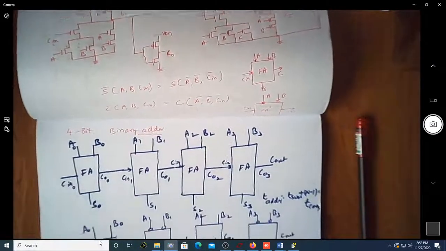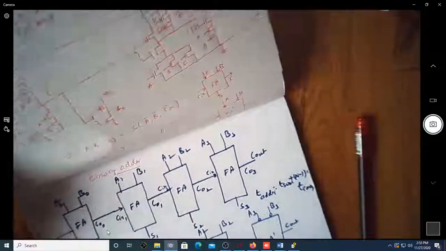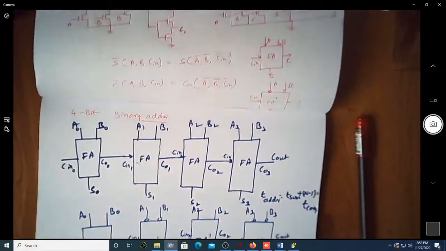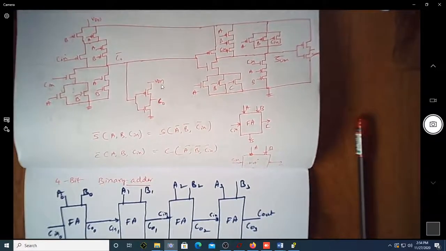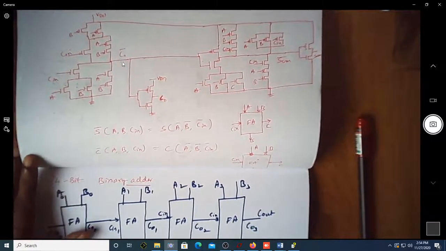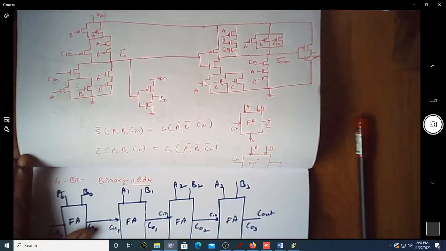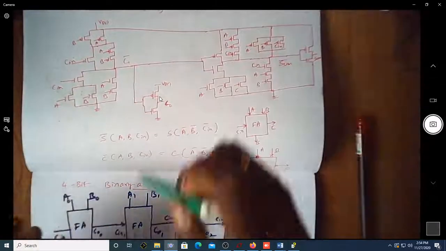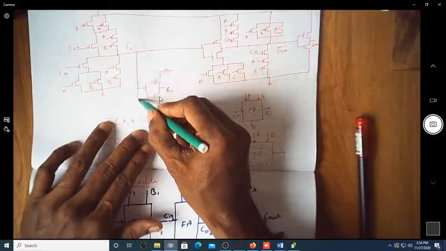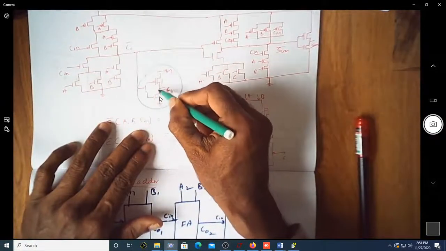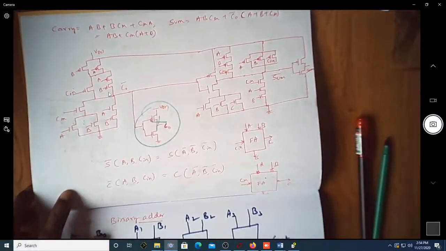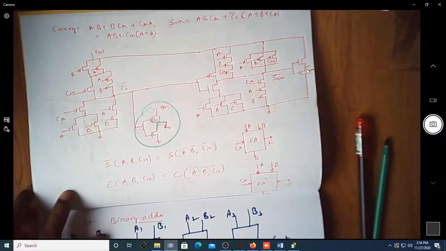Whereas this FA bar is one such realization where you don't have an inverter in the carry path, because you can see this is the carry you're going to get. FA bar will not have this, so I'll just strike it out. This is not there in the FA bar implementation. FA bar will have only these many transistors along with this inverter, but you will not have this.